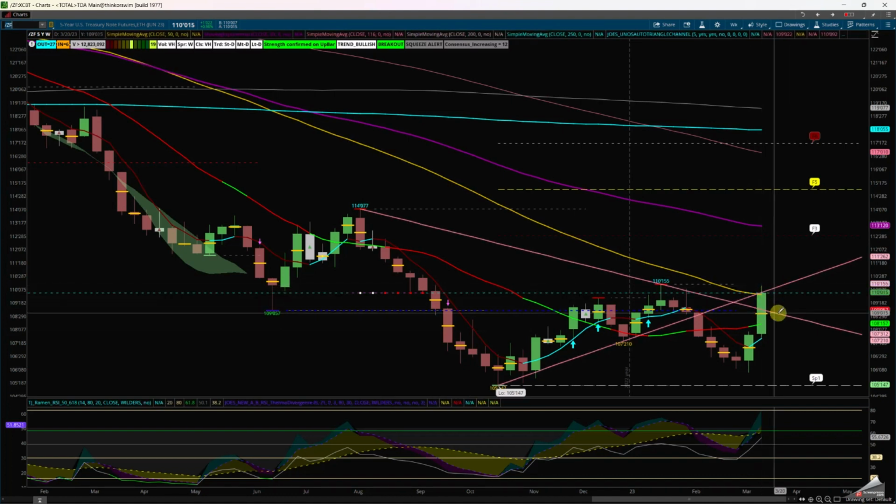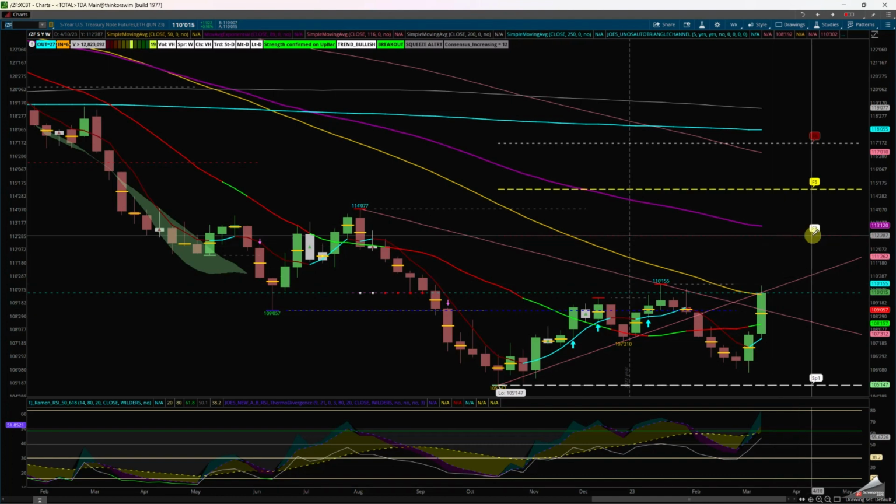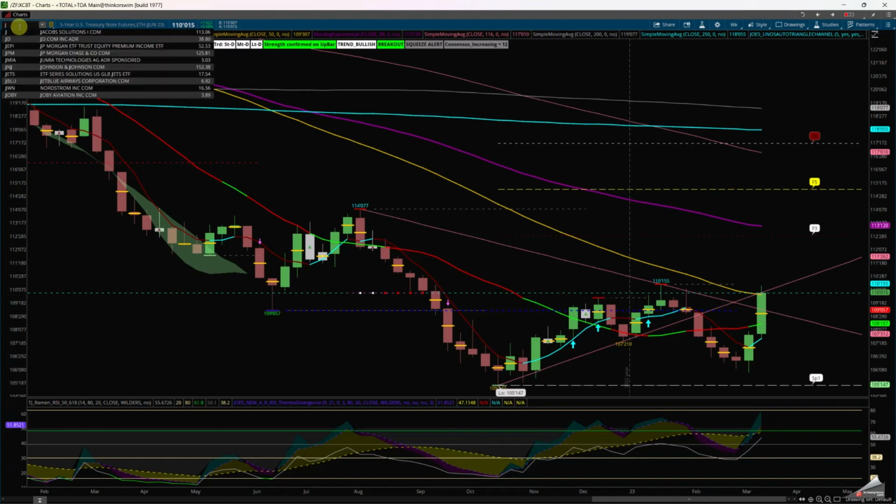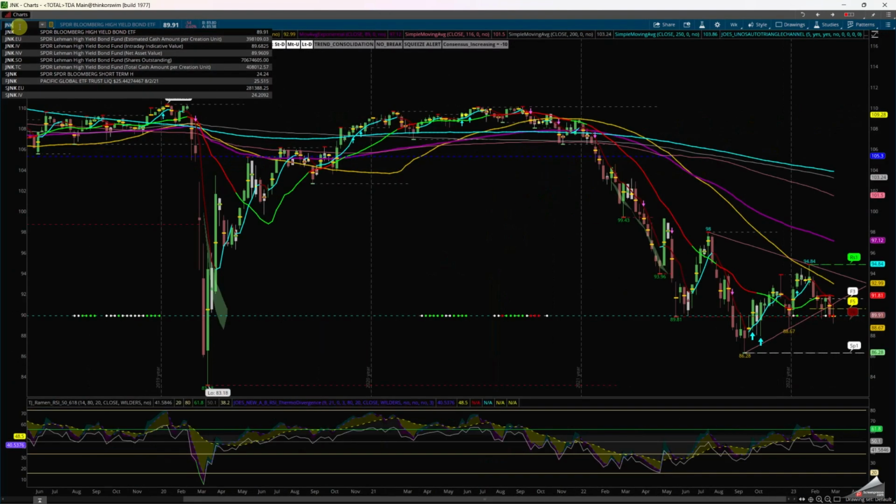Does it consolidate to create a shoulder to continue higher to the 38? We have to pay attention to the bond market and interest rates, or you can take a look at the JNK or the IEF to help you out in the bonds.